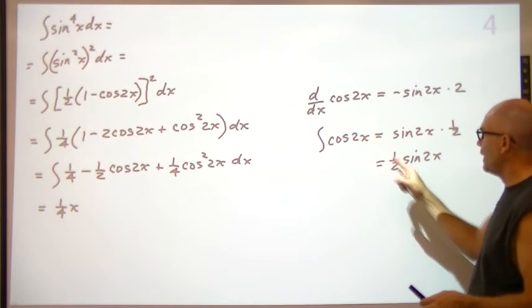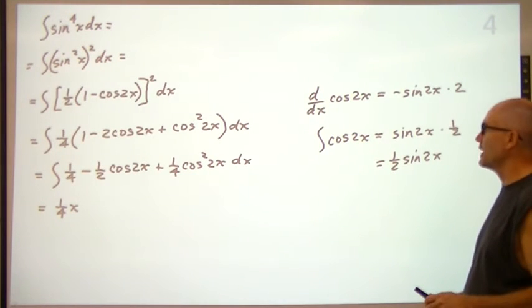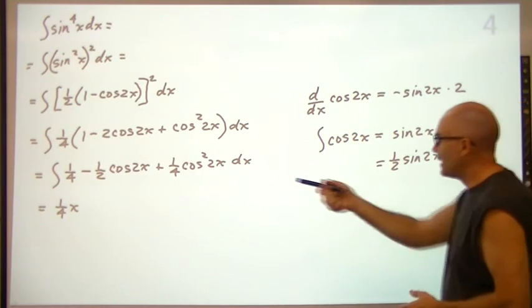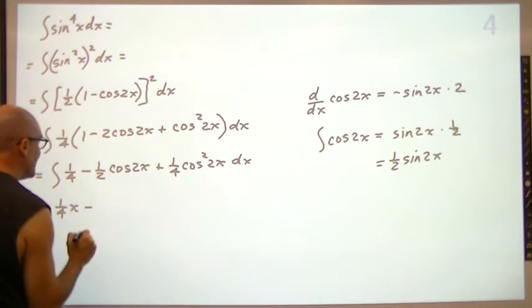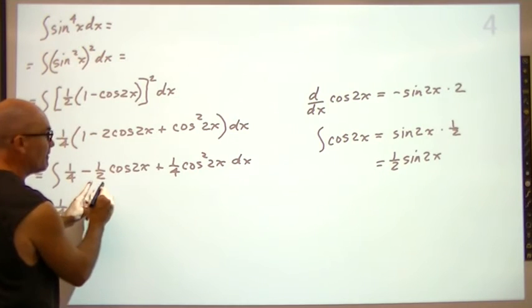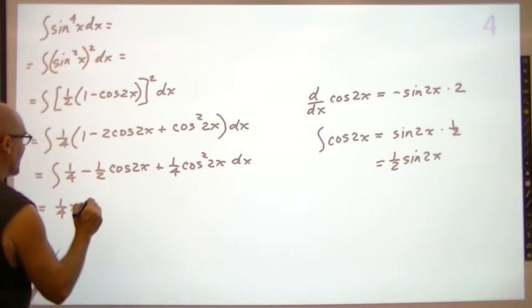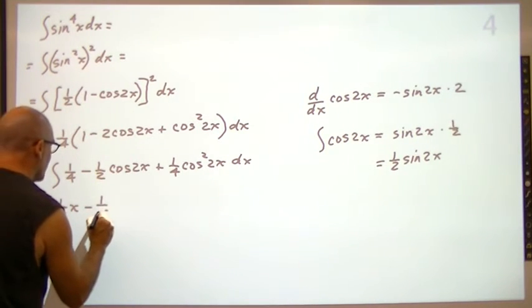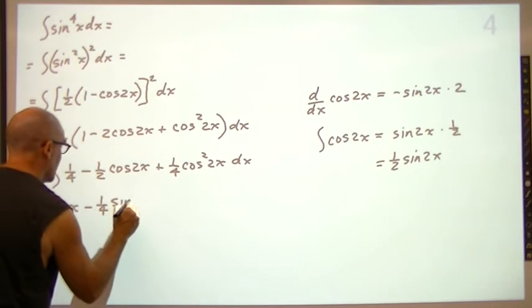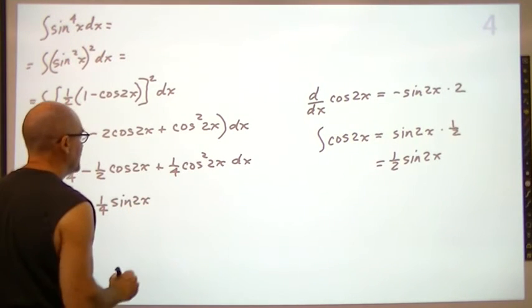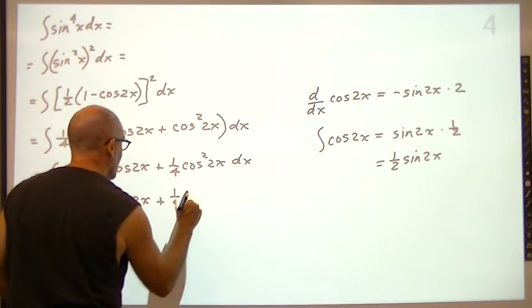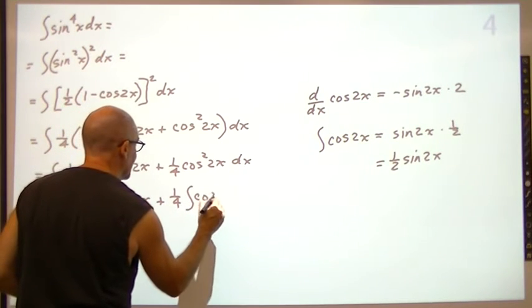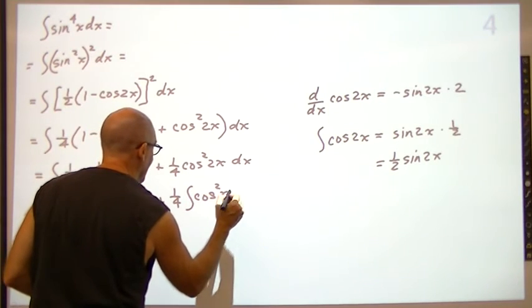Well, so the 2 and the 1/2 would cancel, and I'd be left with cosine 2x. So that's all we're doing right here. So we have minus 1/2 times 1/2 sine 2x. So that's 1/4 sine 2x.